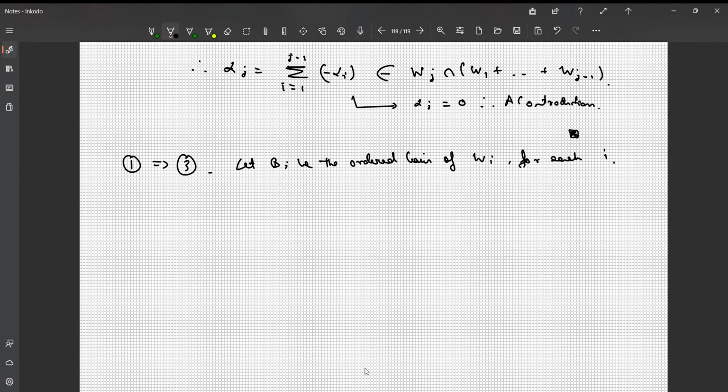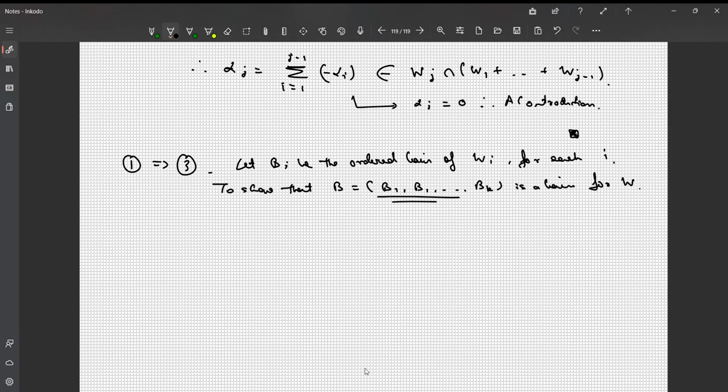To show that B, which is formed as a sequence of these elements B1 till Bk, is a basis for W, this is what we actually need to show. So we have this under consideration. What we do is consider a linear relation between the vectors in B and equate that to 0.